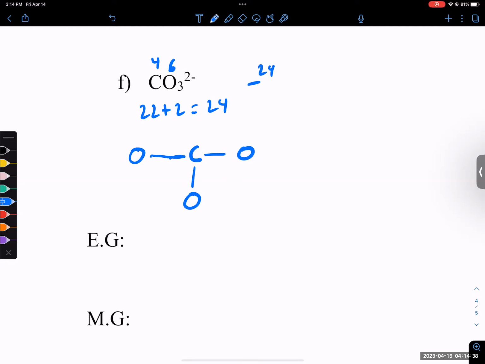So 24 minus 6, that's 18. And then we gotta put all our lone pairs on the surrounding atoms, make sure they're all full. So 1, 2, 3, 4, 5, 6, 2, 3, 4, 5, 6, until these have 8. So that's 18 here. So we have 0.